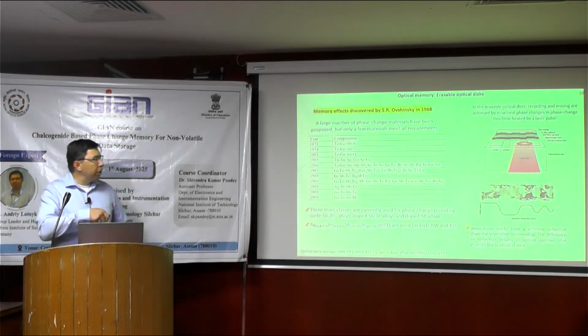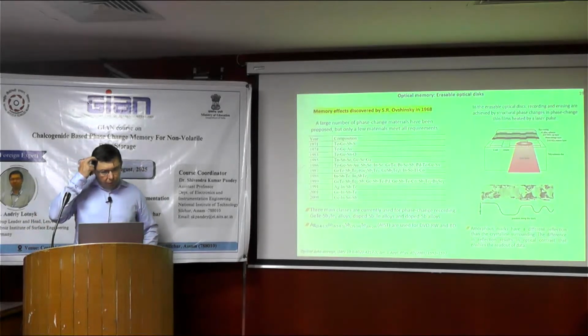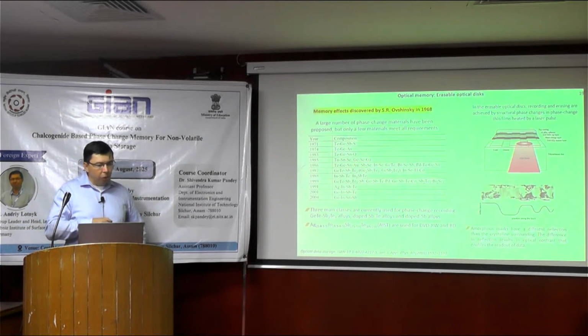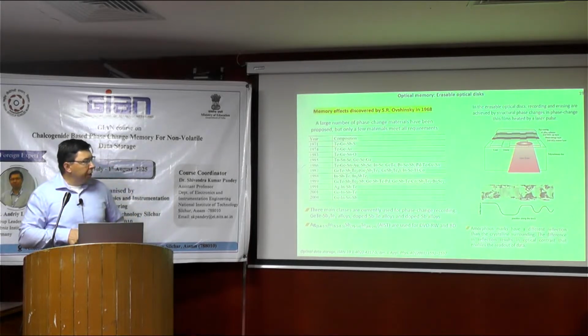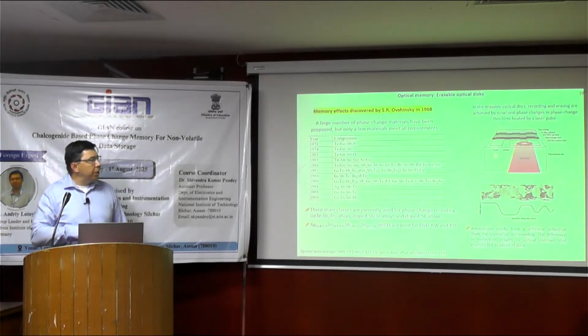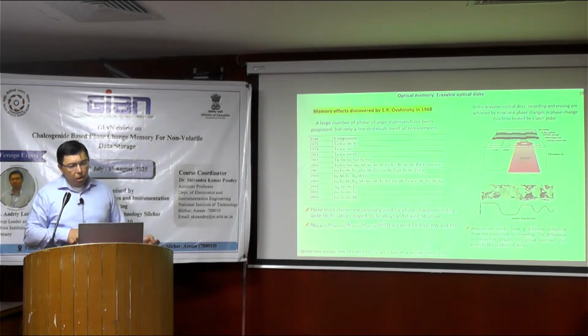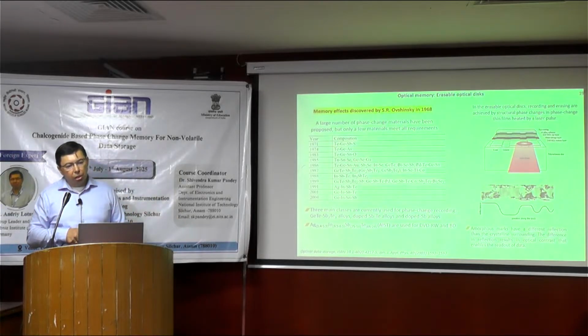After the discovery of these phase change materials, it was shown that they also can be used for optical data storage. At that time, we had a CD disk where you could only write the information, but it was not rewritable.